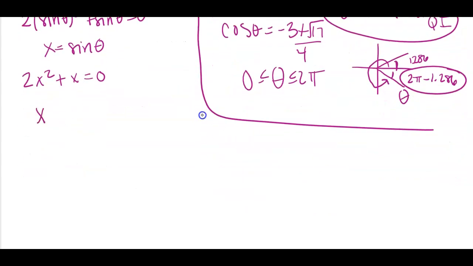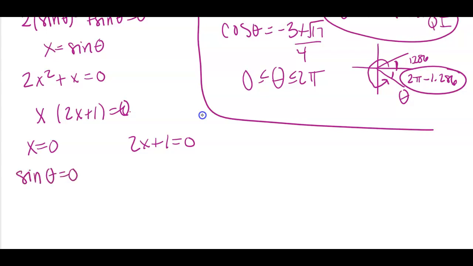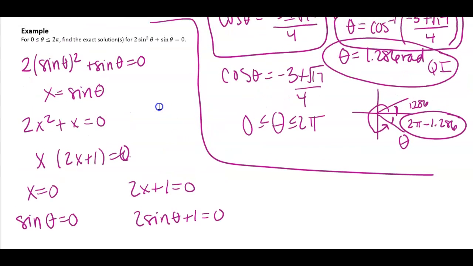And let's factor out an x. So I have x times 2x plus 1. And so solving this, I would say, well, then x is equal to 0 and 2x plus 1 is equal to 0. Well, then I'm looking at sine theta being equal to 0 and 2 sine theta plus 1 being equal to 0. Now, am I including my bounds?